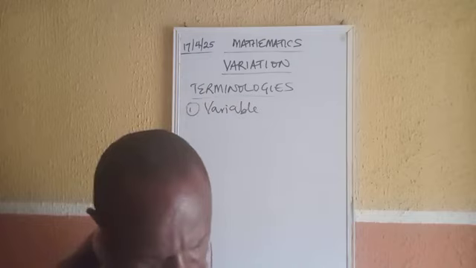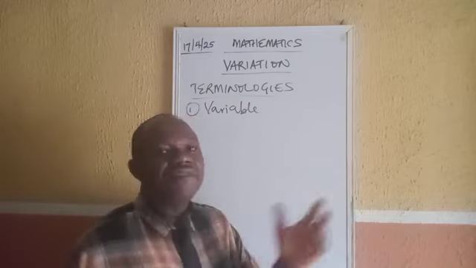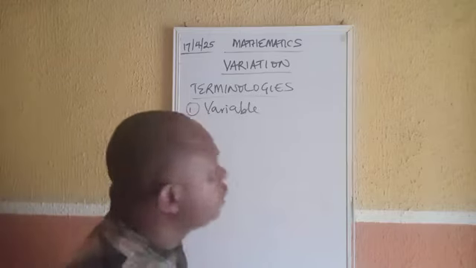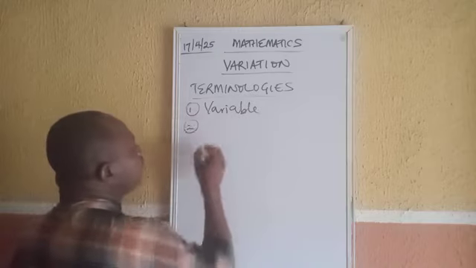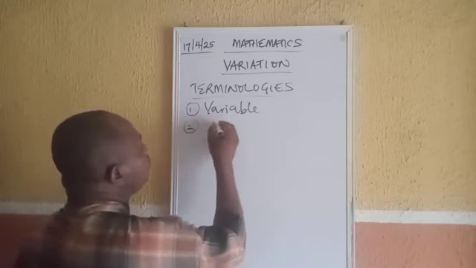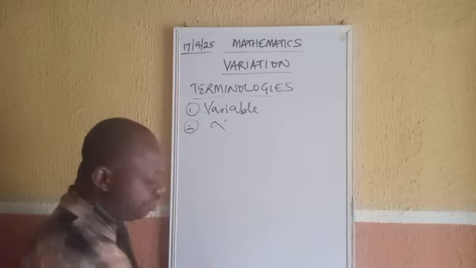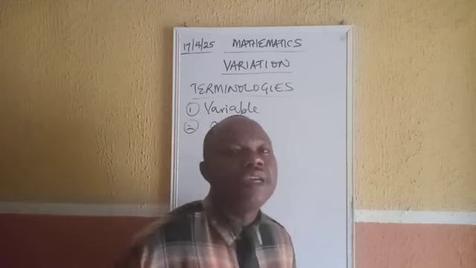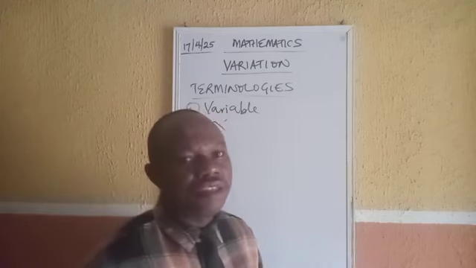A variable, these are the quantities that vary with each other. Another terminology we will be using is sign of proportionality or sign of variation. This is very, very important because this is what relates the two quantities.